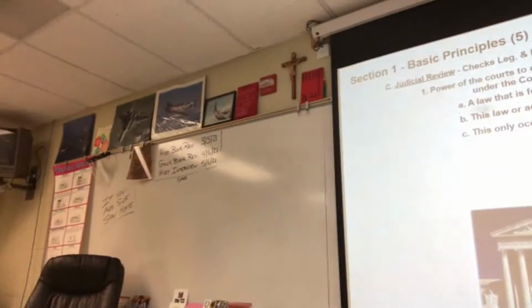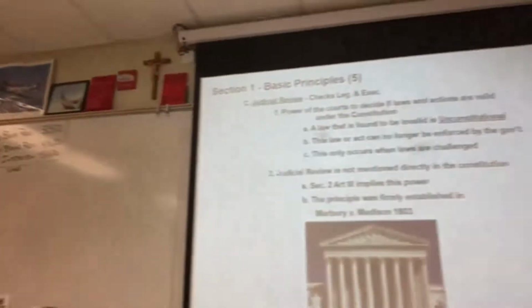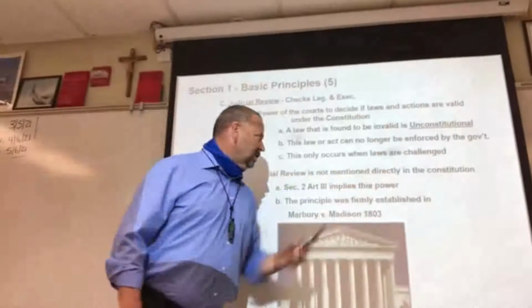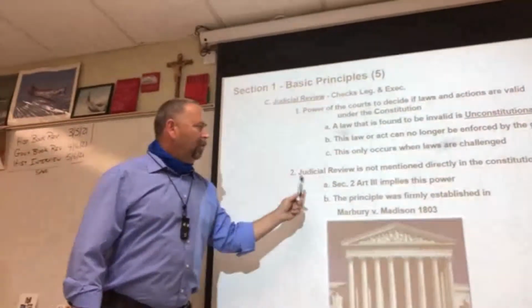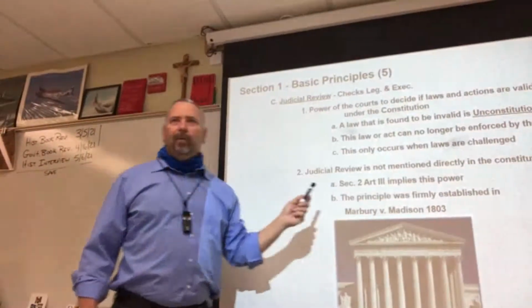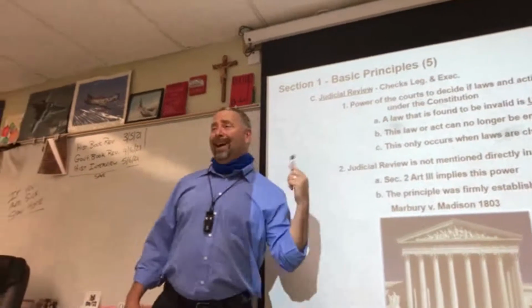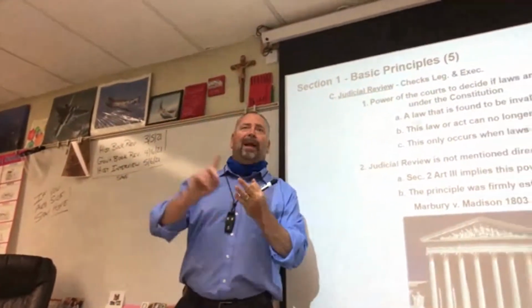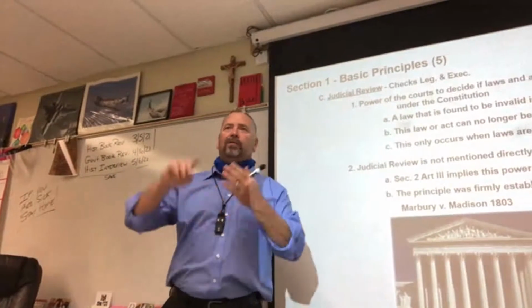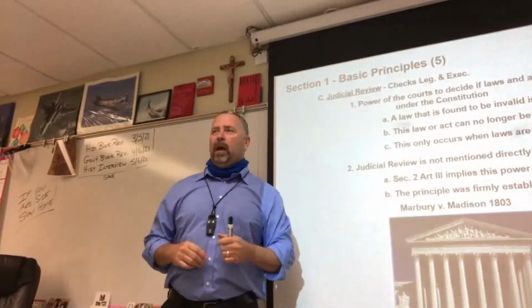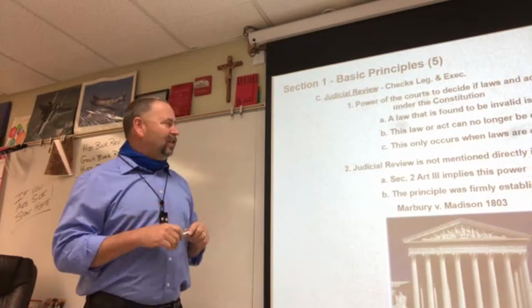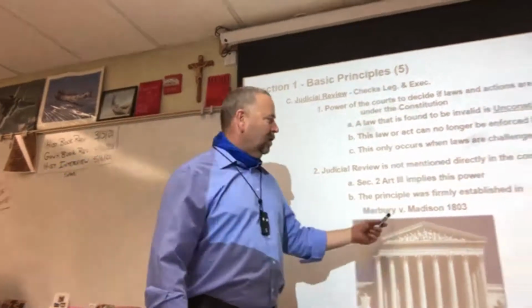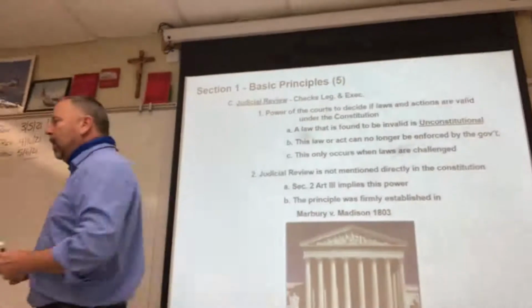So, like I said, it's not mentioned directly in the Constitution, but this power is implied. And that's one of the things we're going to learn in the next chapter: express powers, implied powers, inherent powers, concurrent powers, state powers. But this principle is firmly established in this court case in 1803.